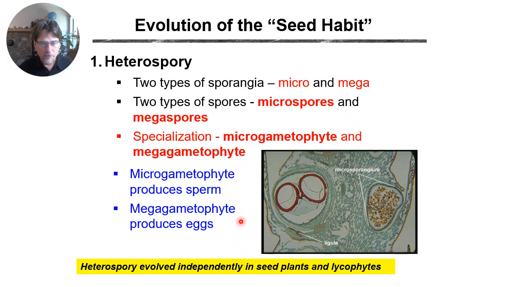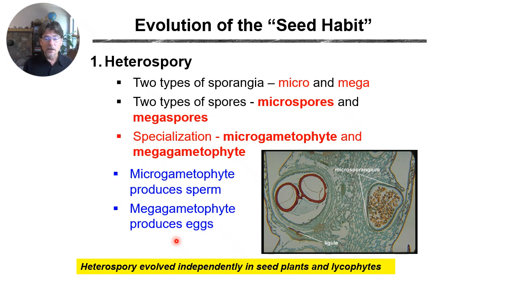And then the megagametophyte produces eggs. In gymnosperms, the megagametophyte retains the archegonium, but as we will see in the flowering plants, that structure, the archegonium, is lost. And so again, you have a much more highly reduced gametophyte stage.